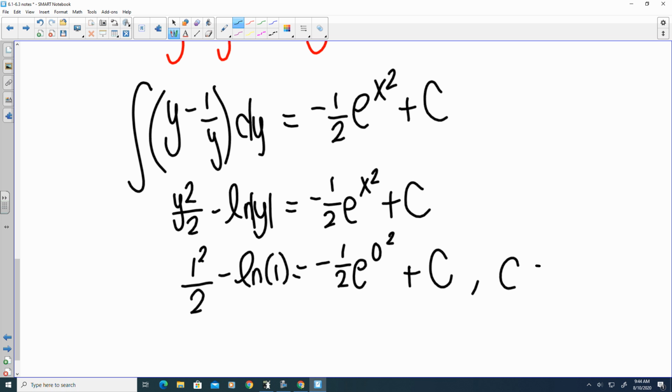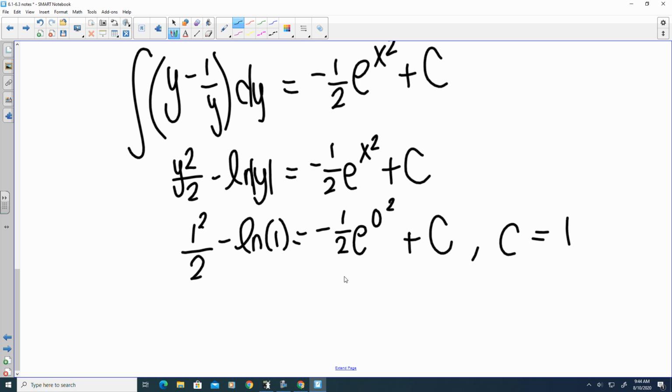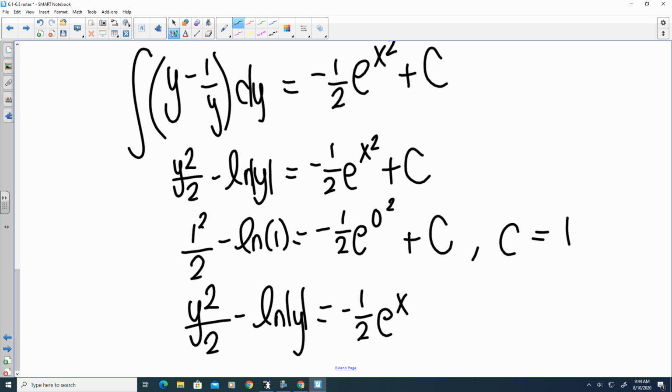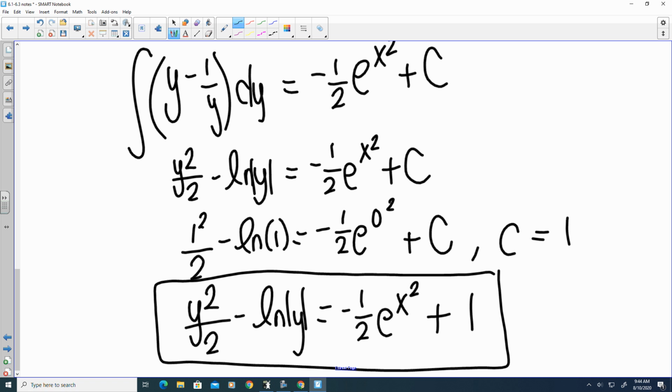And c is 1. So I'm okay with you keeping it just like this. I know a lot of questions, or if you see answers in the book, they might have tried to isolate the y better, but I really just want to see that you can solve for the c and take all the antiderivatives correctly. So I'm okay with that right there.